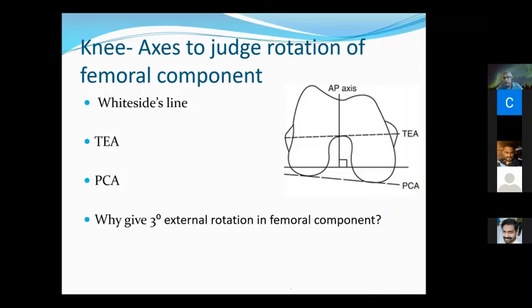You can have condylar hypoplasia also. So in cases like that, you can't entirely depend on one single axis. So when you have Whiteside's line and a transepicondylar line also to assist you, you can be more sure of getting your rotation correct.